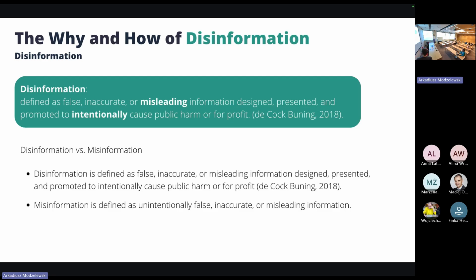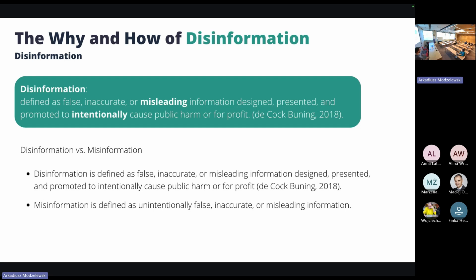Disinformation may be defined as false, inaccurate, or misleading information designed, presented, and promoted to intentionally cause public harm or for profit.